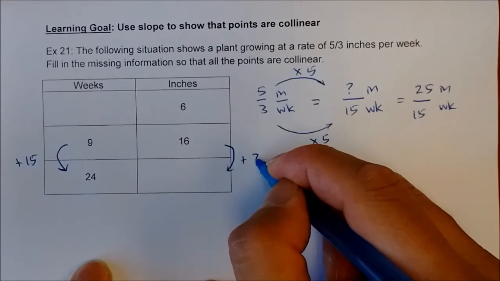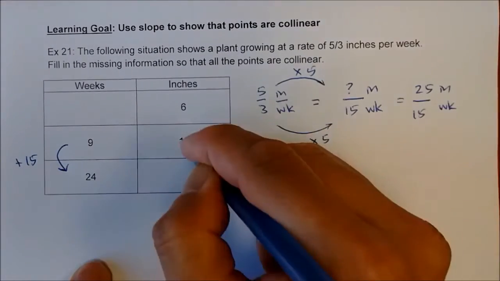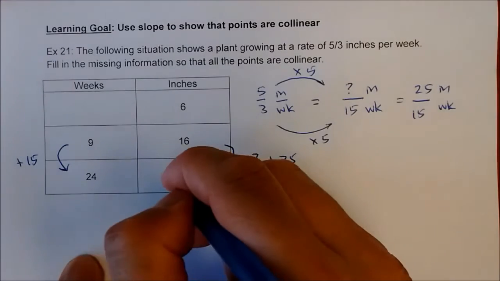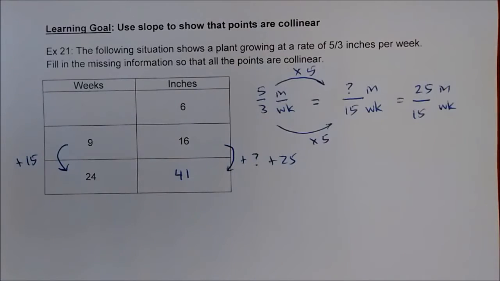So now we know that we're adding 25 to the 16, and we get an answer of 41 inches there. So before we move on, go ahead and pause the video and discuss what we did in this part of the problem with your neighbor.